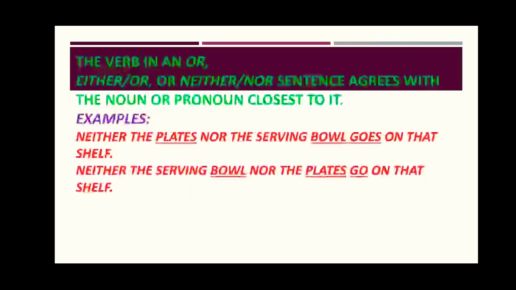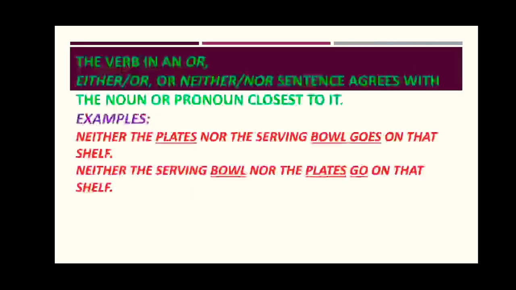So it is singular, that is why we have used goes. Es is added here. But in the second sentence, the verb is nearest to plates. Plates is plural, and that is why we will not use es here. We would use a plural verb. So it would be: neither the serving bowl nor the plates go on that shelf.